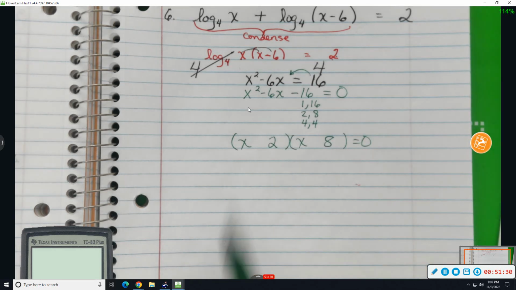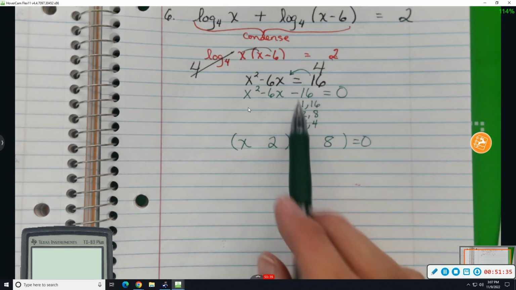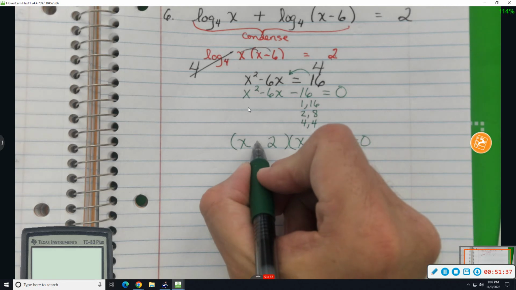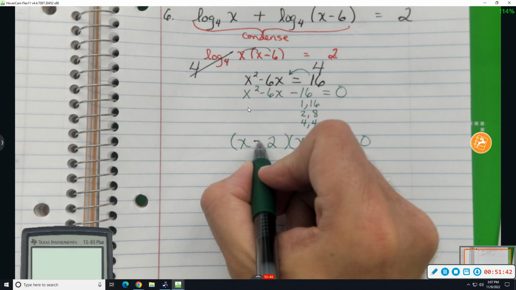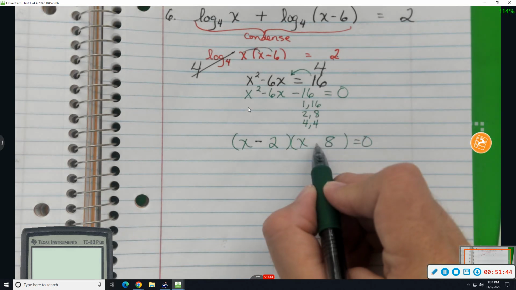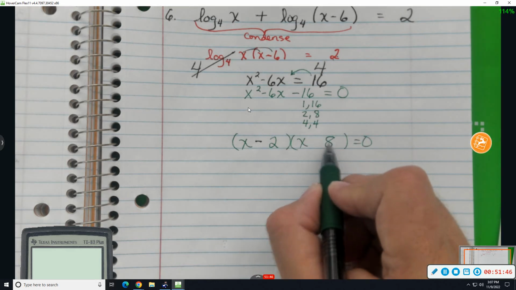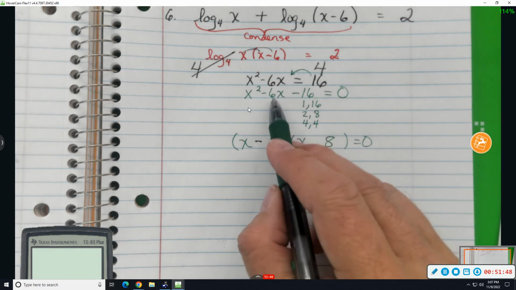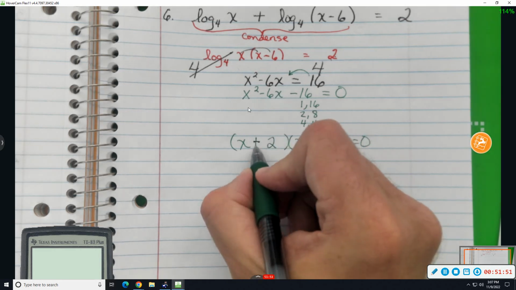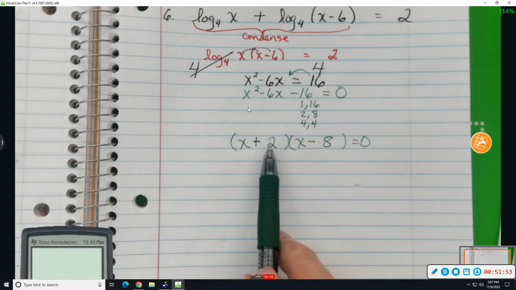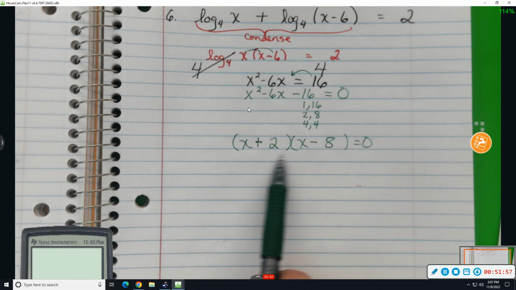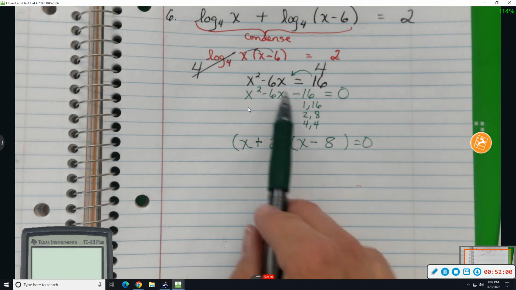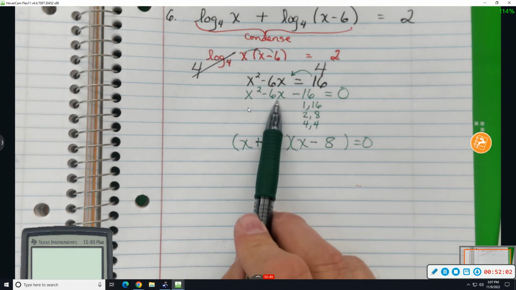I want a negative 6. I think it's the other way around. If we make the 2 positive and the 8 negative, then negative 8x plus 2x gives the negative 6x.